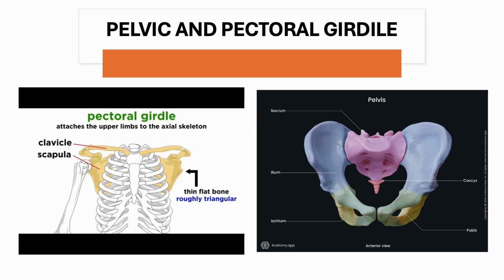So the pectoral girdle is made up of the clavicle and scapula. The pelvic girdle is made up of the ilium, ischium, pubis, both on the right and the left.